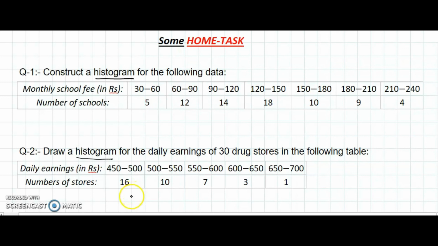The earnings start from 450. It's not starting with smaller values, but in question number 1 the values are smaller, so no need to draw a KINK line after the 0 marker. So label the graph properly and draw the histogram heights with the proper frequency.